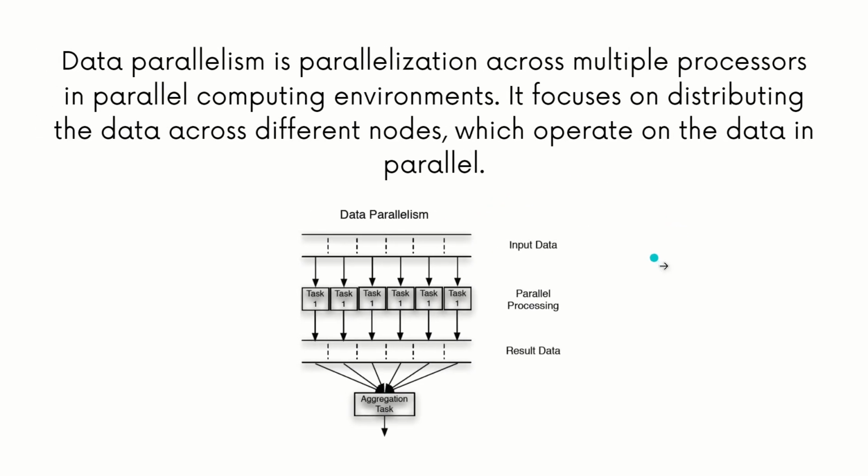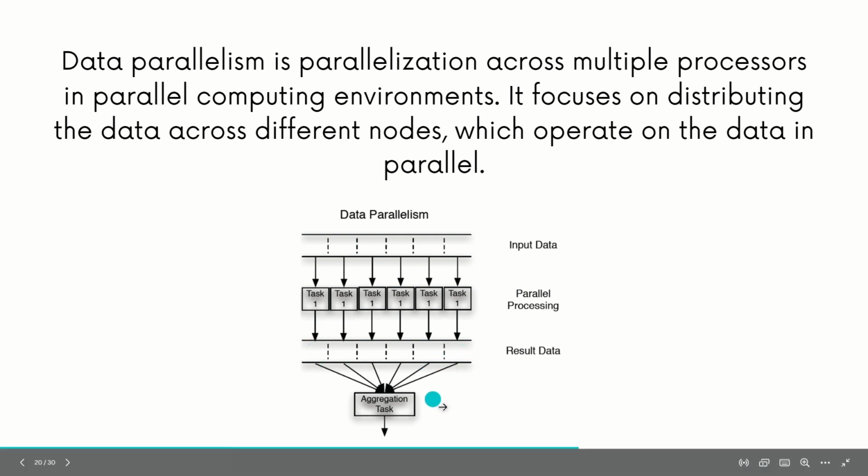Now data parallelism, as you can see in this image, if we have an input data, it is divided into sections, and each of these parts is then processed in parallel. Each part is a task, and then there is the result data, which is stored in the form of an array where you get many results, and the final result would be the aggregation of these.